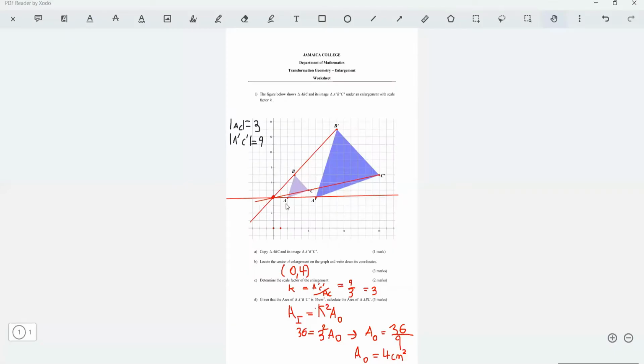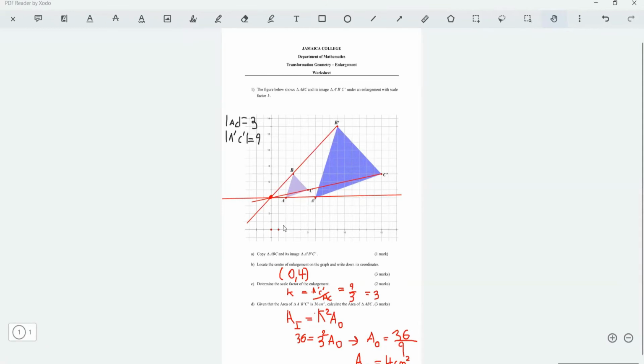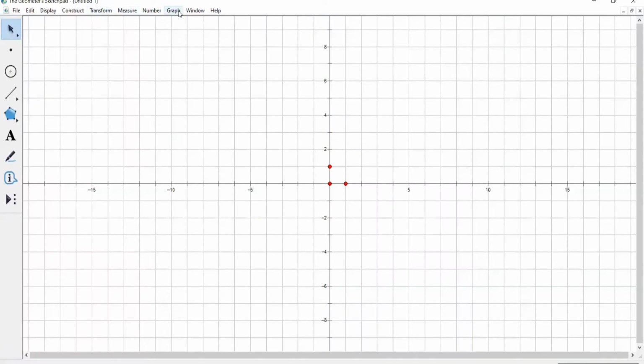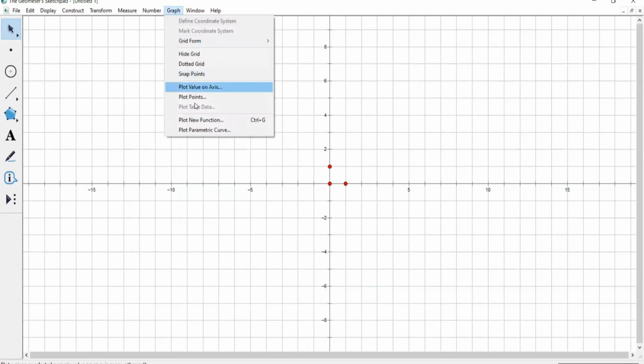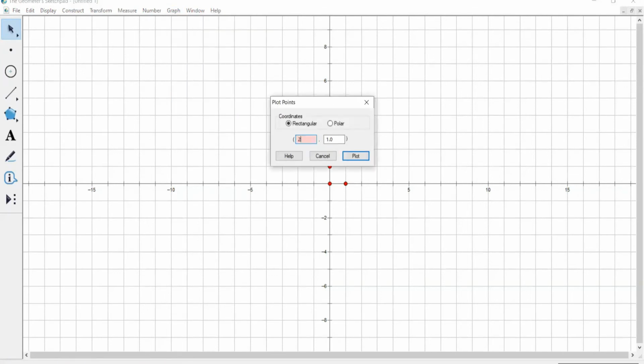I'm going to construct my triangle just like this one. So remember, A is the point that looks like 2, 4. So A is the point 2, 4. We're going to insert that. So we're inserting in, plot the points, A being 2, 4.